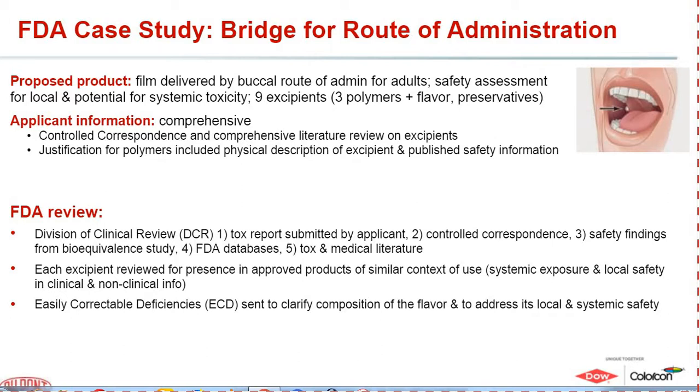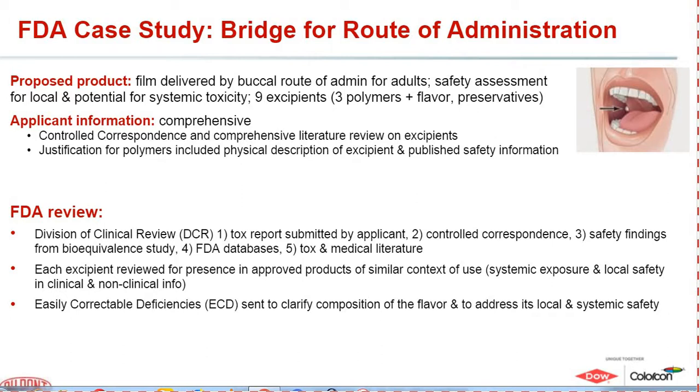But the applicant gave some very comprehensive information. They provided controlled correspondence and a very comprehensive literature review on the excipients that are used in the formulation. They also provided a good justification for the polymers that included not only a physical description of the excipient, but also published safety information.